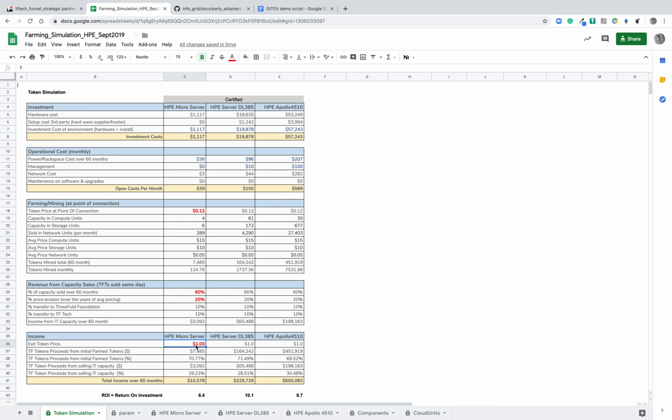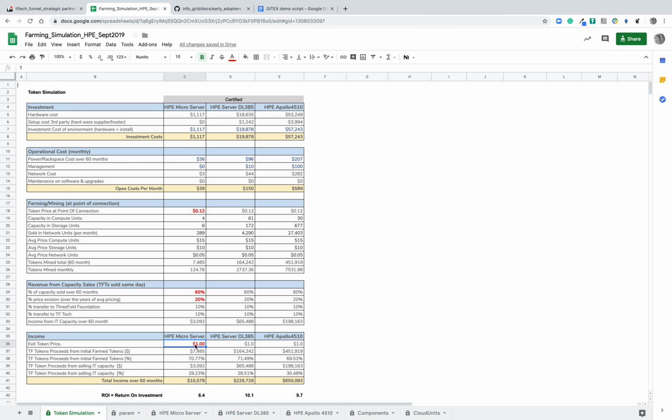We say at the end of the 5 years, we expect the token price to be from 12 cents to $1. And that's what we believe it will be. Like I said, we undervalued the capacity by a factor of 8 by using a difficulty factor of 8, and 8 times 12 cents is 96, which is very close to $1.